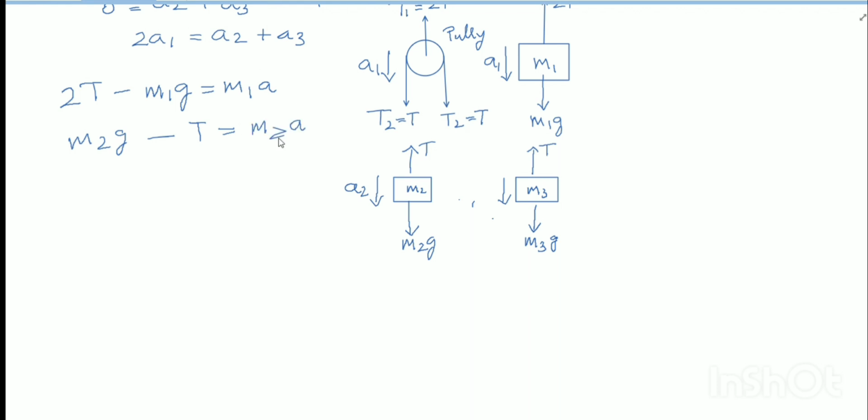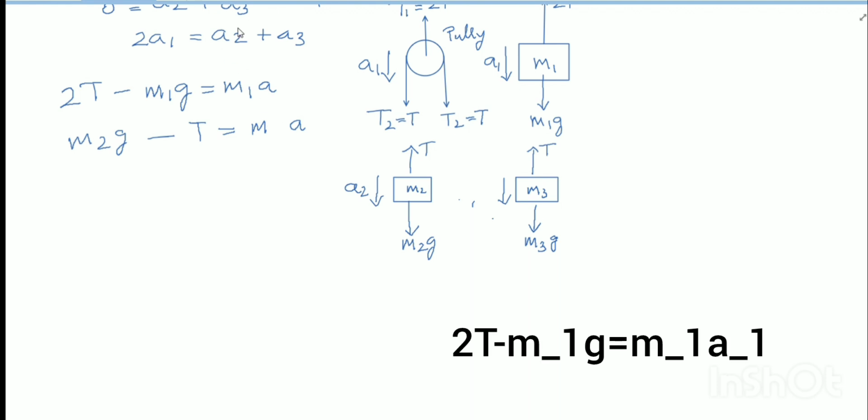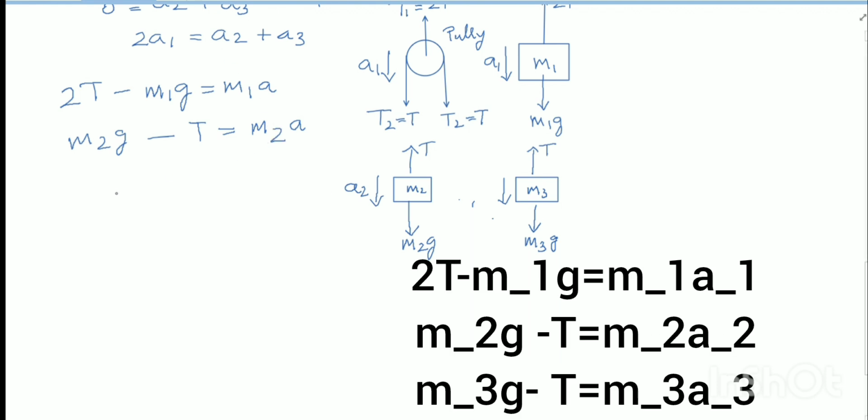Sorry, it is M1 A1: 2T minus M1g is M1A1, and M2g minus T is equal to M2A2. Similarly, M3g minus T is equal to M3A3.